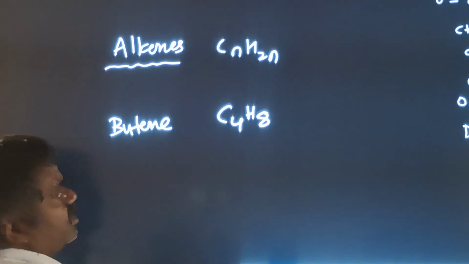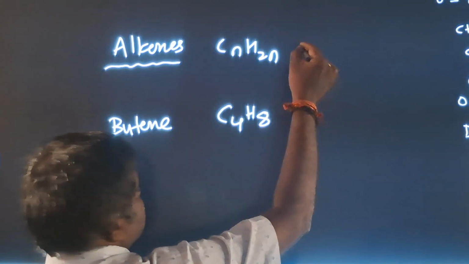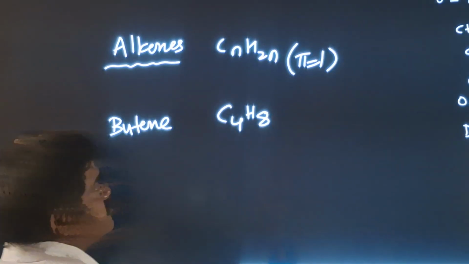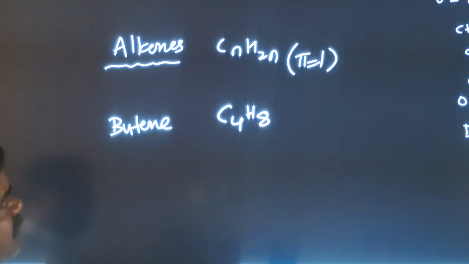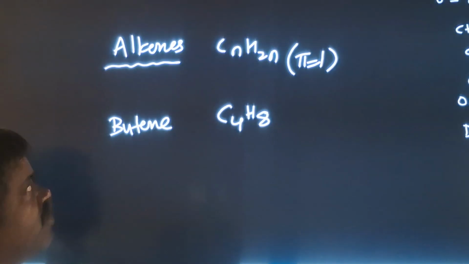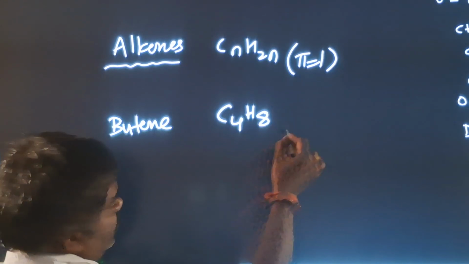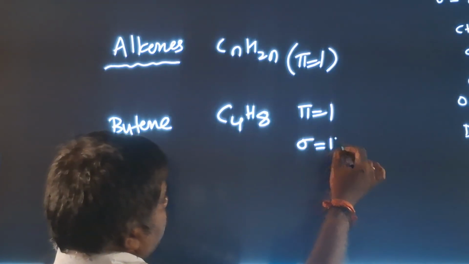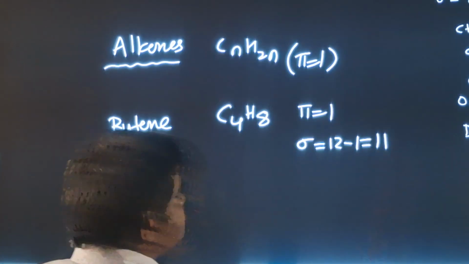If any compound satisfies the alkene formula, the number of pi bonds is 1. So here pi bonds 1, sigma bonds total atoms minus 1, 12 minus 1, 11.